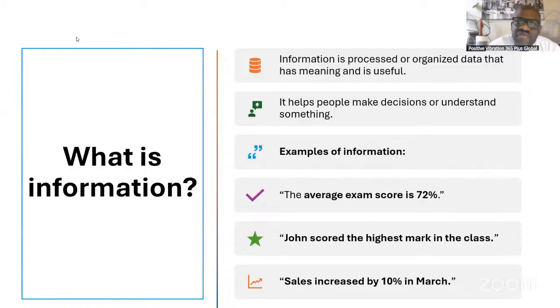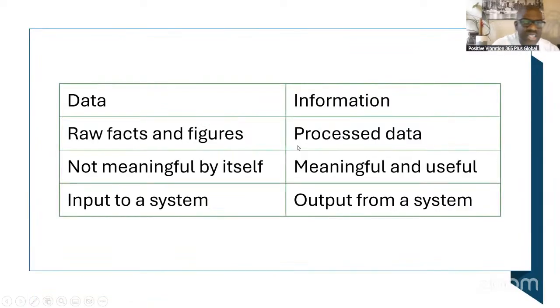So if I could define information, information is processed or organized data that has meaning and is useful. And as I said before, it helps people to make decisions. It helps them to understand something, all right? That is what we classify as information.